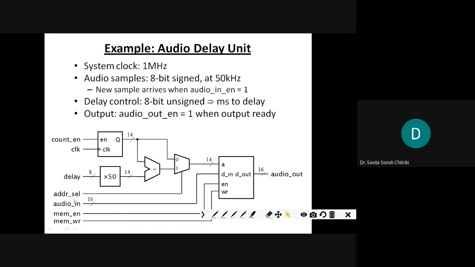See there, the 16-bit audio in is connected to the data in and audio out is connected to the data out. Depending on the multiplexer, when it is 0, directly the counter address is taken. When it is 1, then the address is subtracted and it is delayed.